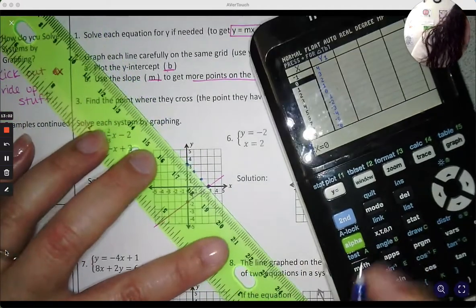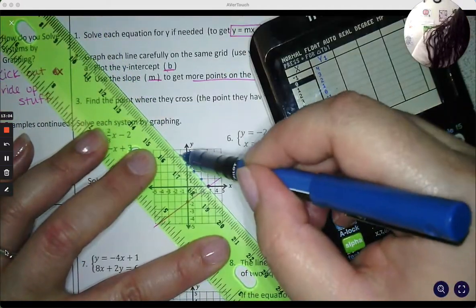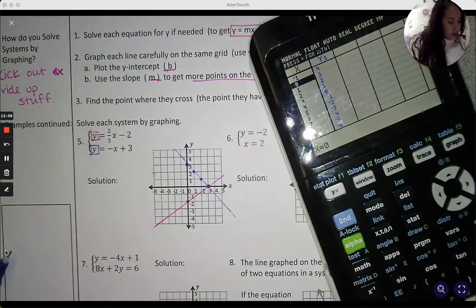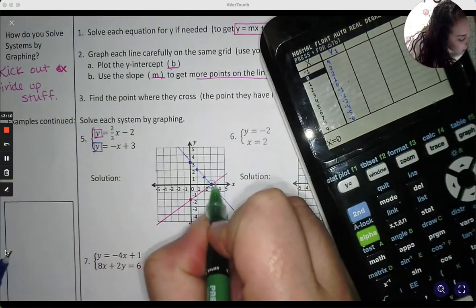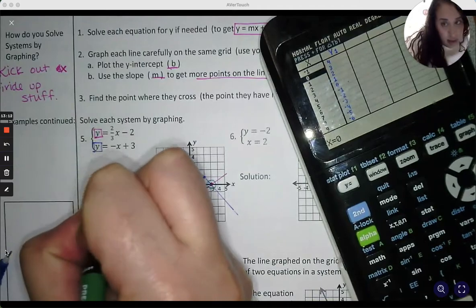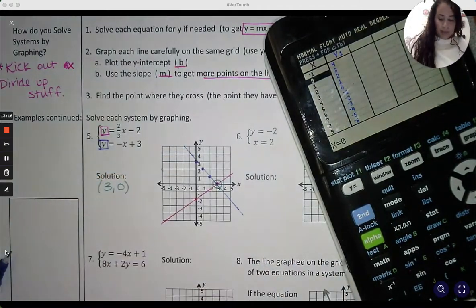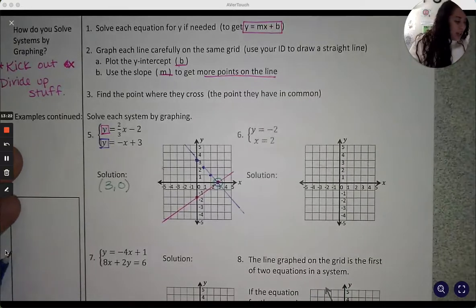So if I connect these dots, we see exactly where my solution is. The solution's right here at 3, 0. So pretty easy when you get the hang of it.